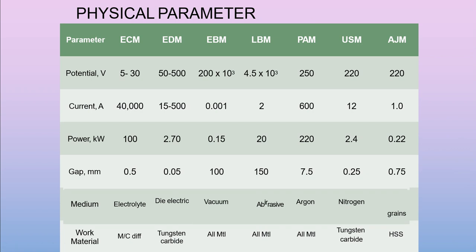These are the physical parameters for ECM, EDM, EBM, LBM, PAM, USM, AJM: the potential in volts, current in amps, power in kilowatts, gap in millimeters, the medium used and the work material. These have been tabled out here, and they differ for each and every unconventional machining process.